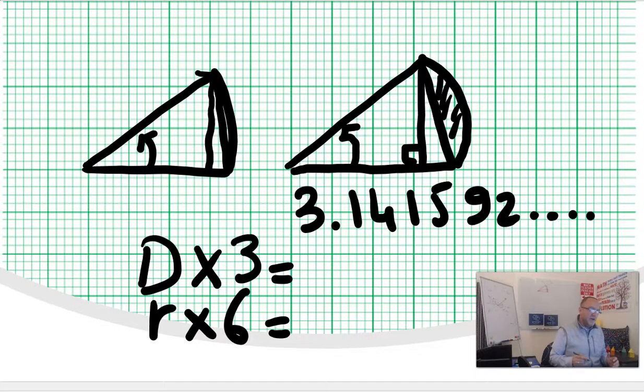So if you pull out that diameter and you want to go from one end of that diameter chord to the other end, you need to do diameter times 3.14159265, the whole value that never ends, in order to complete a full circle, a full curve.